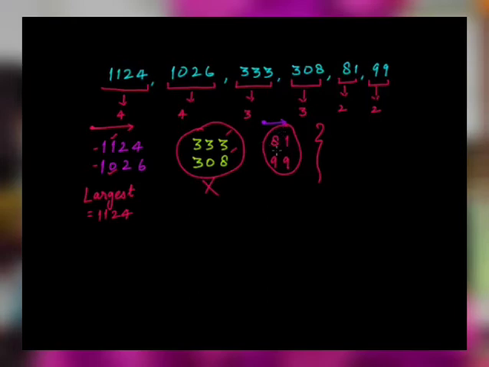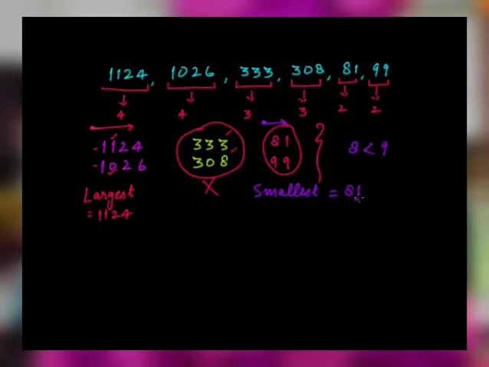So in this case we'll find out which one is the smallest by comparing them. At the tens place it has 8, at the tens place this number has a 9. Obviously, 8 is smaller than 9, right? Therefore, the smallest number is 81.